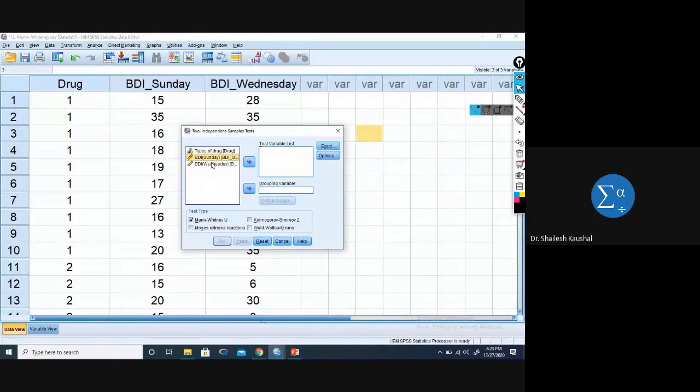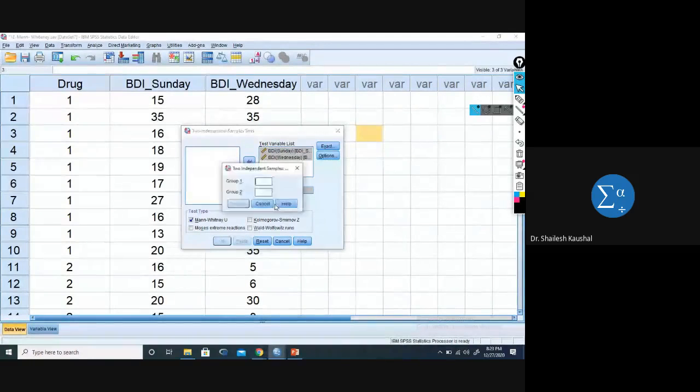I am taking both days' data, Sunday as well as Wednesday, and the type of drug I am transferring to grouping variable and defining groups, group 1 and group 2, because I have coded 1 for the ecstasy tablet and 2 for the other group, the alcohol group.